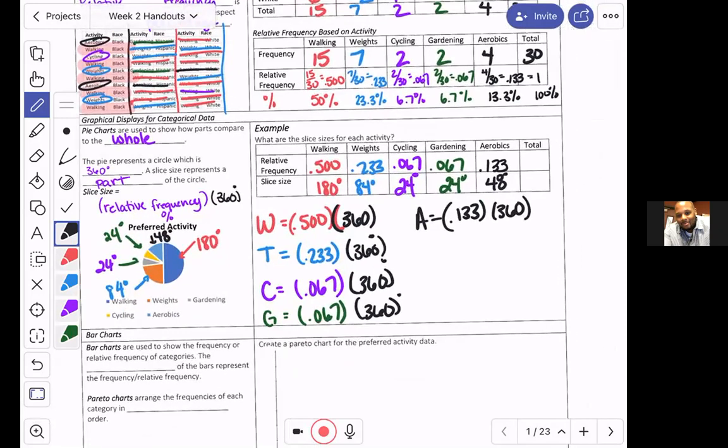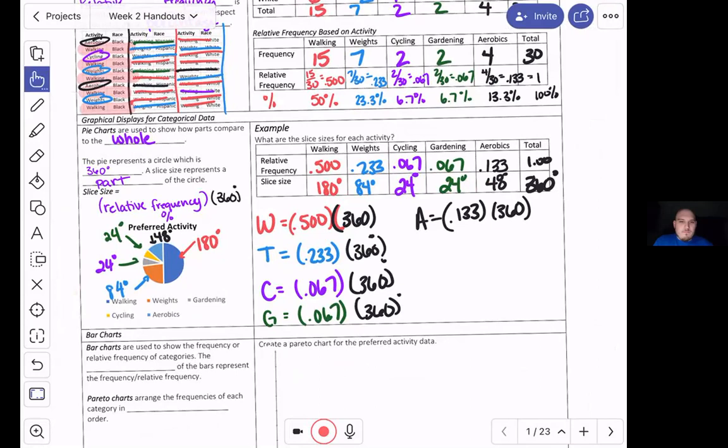And so again, remember that this is equal to 1.00, and all these degree measures should add up to what number? 360 degrees. Good job. Are we okay with slice sizes on pie charts? Yes or no? Yes, we got that, right?